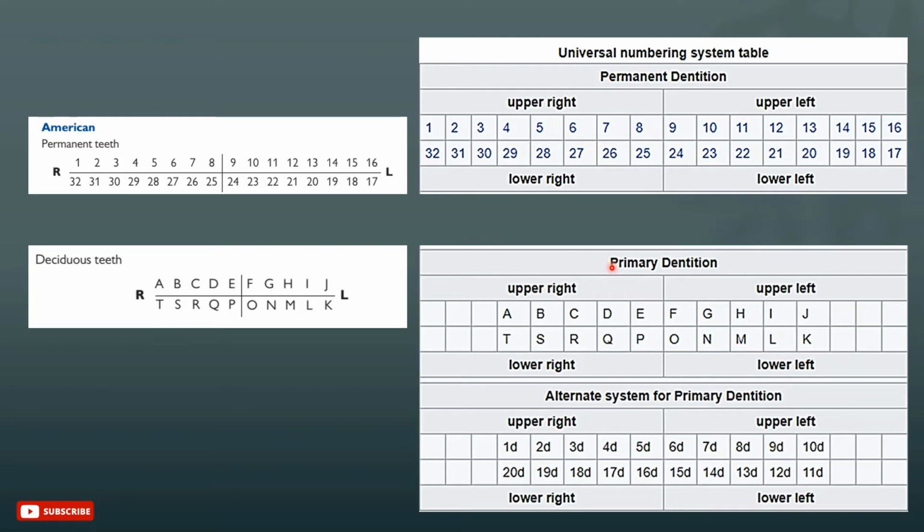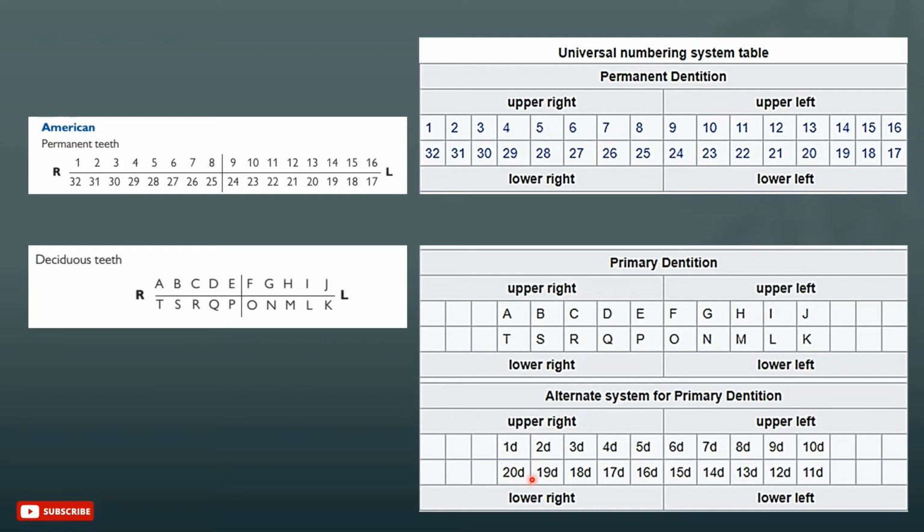And for the deciduous or primary dentition, you start with the letter A for the upper right second molar, ending with letter T for the lower right second molar. Also, there is an alternative system for the primary dentition. It uses continuing numbers, not letters, starting with 1 for the upper right second molar, ending with 20 for the lower right second molar.